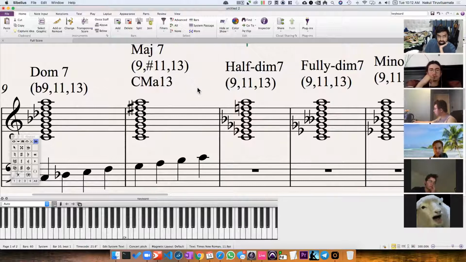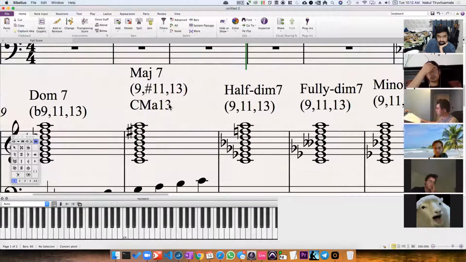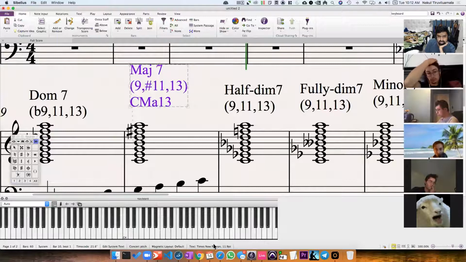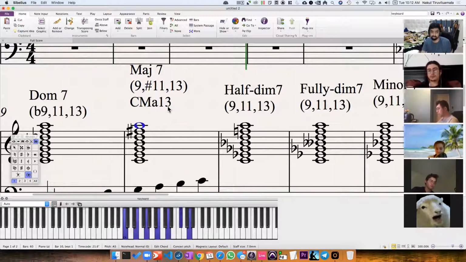Now here's what I have to say about that. Let me actually show you. When you just declare the uppermost available extension, meaning the 13, you're actually also implying all of the extensions that are underneath it.